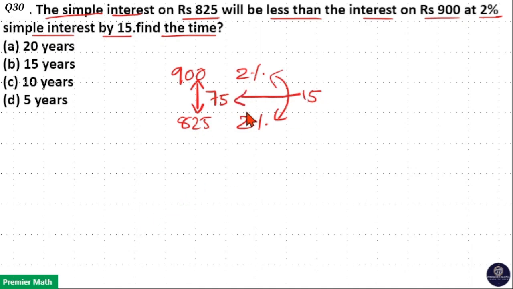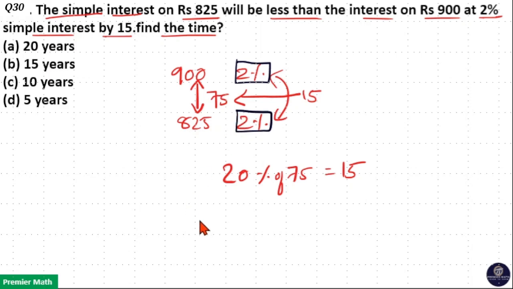Now 15 is how much percentage of 75? Here 100 percentage of 75 is 75. 10 percentage of 75 is 7.5. Then 20 percentage of 75 is 15 rupees. But here you can see the rate is 2%.